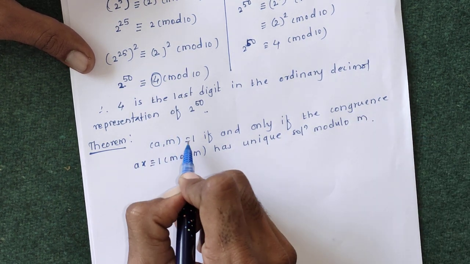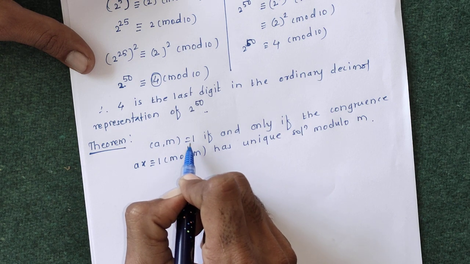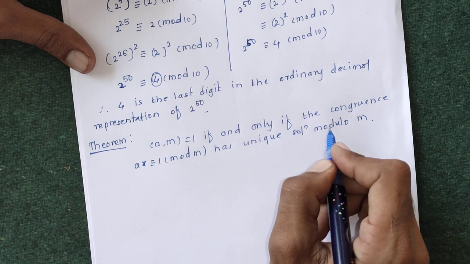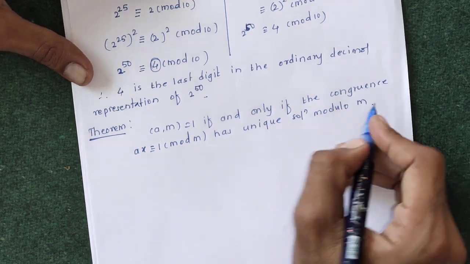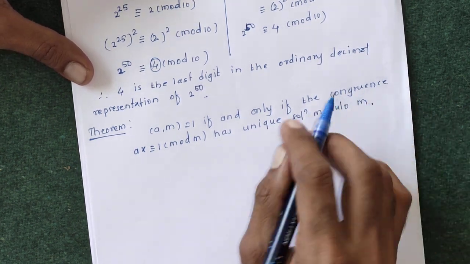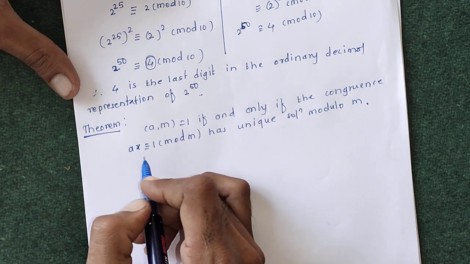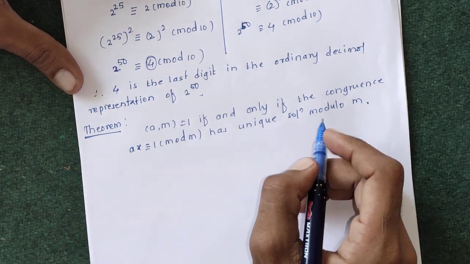GCD of a and m is equal to 1 if and only if this congruence has a unique solution, and first of all let me complete this statement, then I will explain the solution of the congruence.